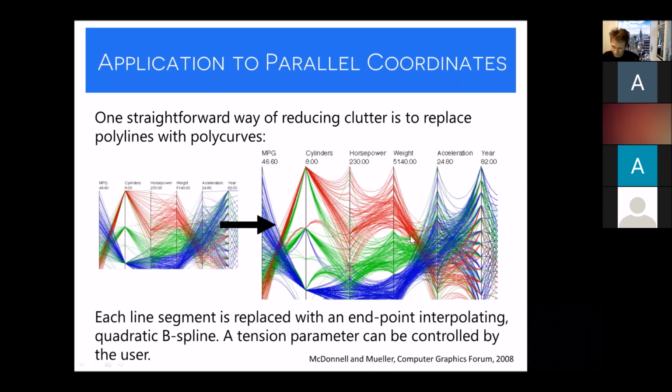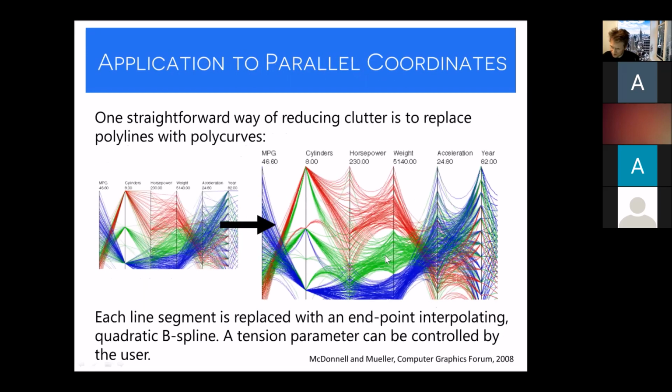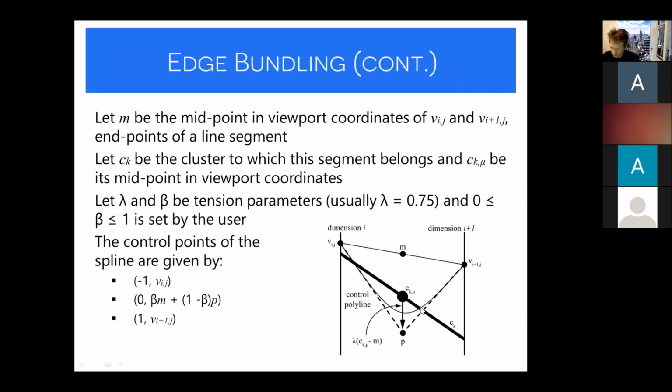So here's somehow the mathematical terms. If this is a line here with midpoint M, this is the cluster line, right? This is one line of a cluster of lines. This is the midpoint of the cluster.